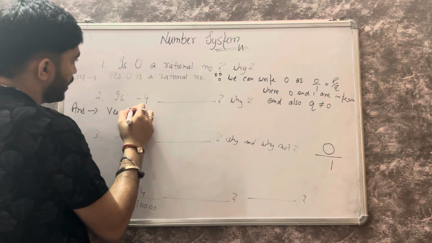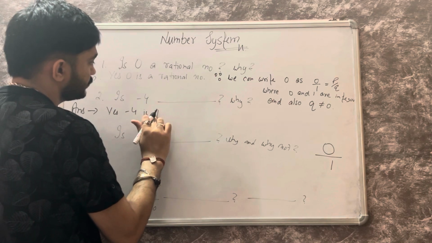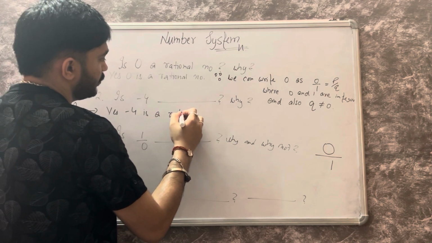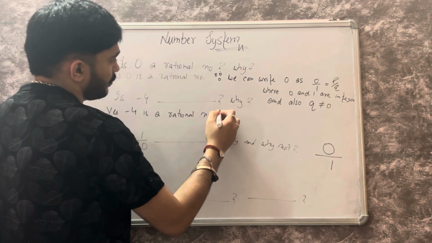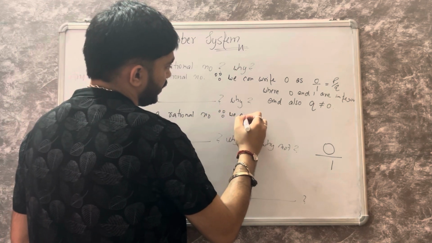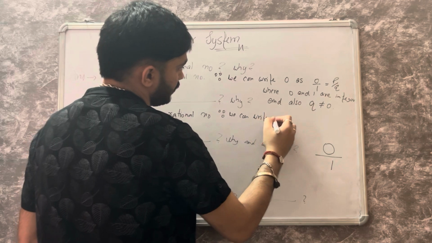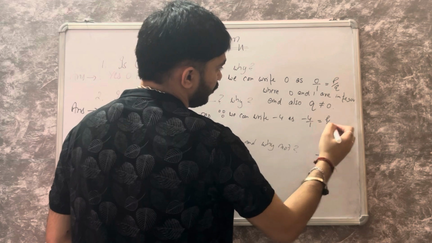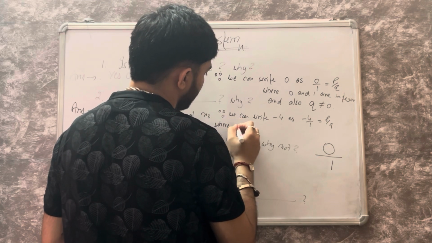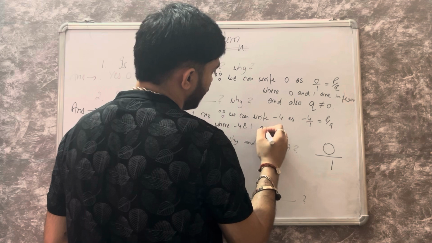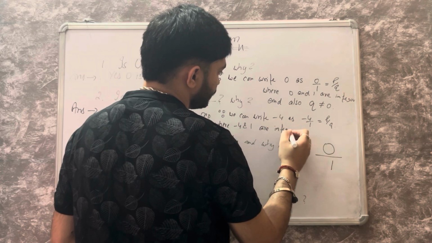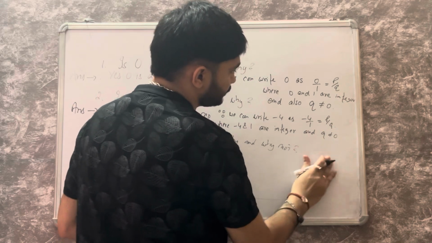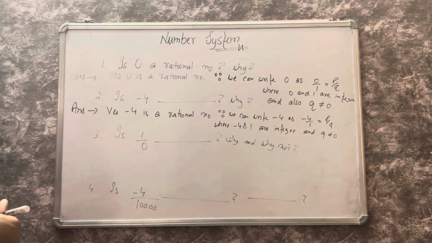Yes, minus 4 is also a rational number because we can write minus 4 as minus 4 upon 1 equal to P upon Q, where minus 4 and 1 are integers and Q is not equal to 0. This is the answer of our question.